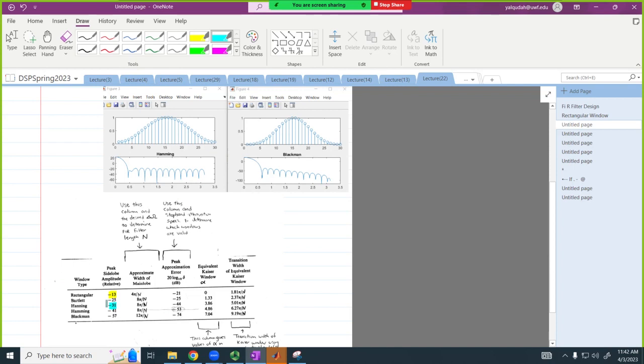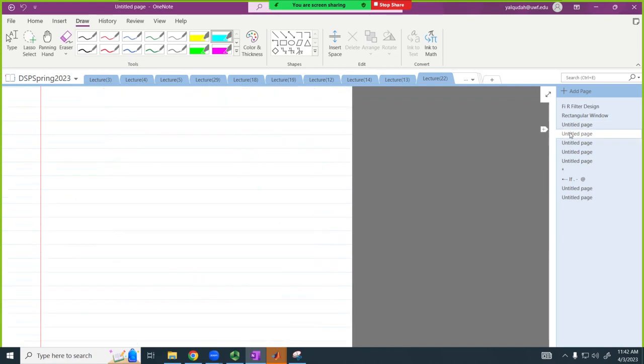And the width, similarly, this is the width of these filters. Okay, so let's look at the filter design. And hopefully, when we look at the filter design and do an example, it will help us understand how these different windows impact the design of the filter.